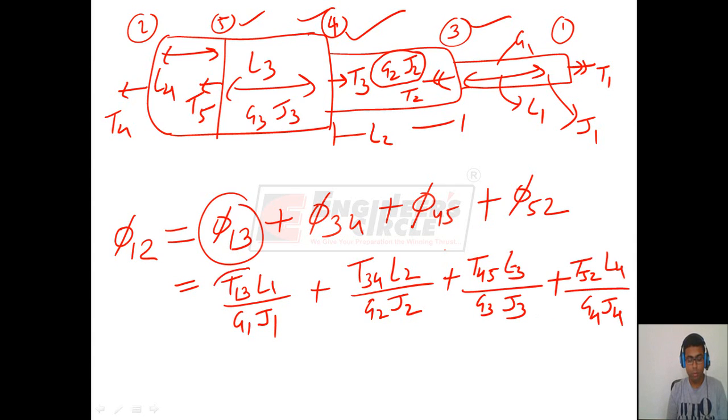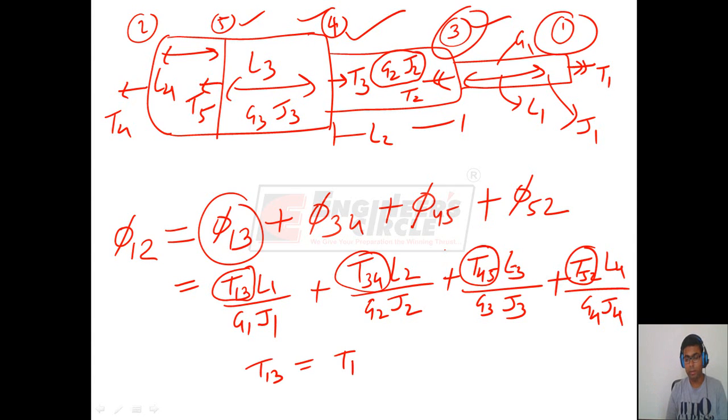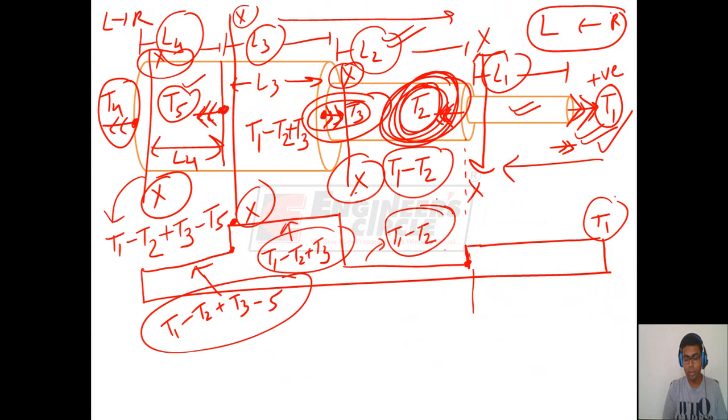Now we have already found the value of T13, T34, T45 and T52. For example, the value of T13, that is internal torque in the portion 1-3 is T1, and the internal torque in portion 3-4 was T1 minus T2, we have found here, as it can be seen.